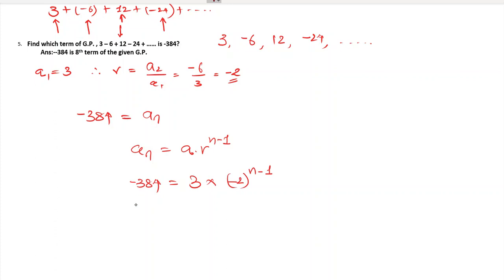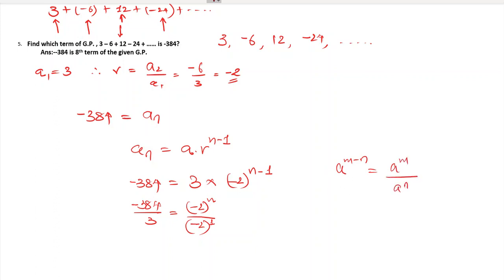Please pay attention. Minus 384 divided by 3 is equal to minus 2 raised to n upon minus 2 raised to 1. You understand which identity I have used here? A raised to m minus n is equal to A raised to m upon A raised to n.